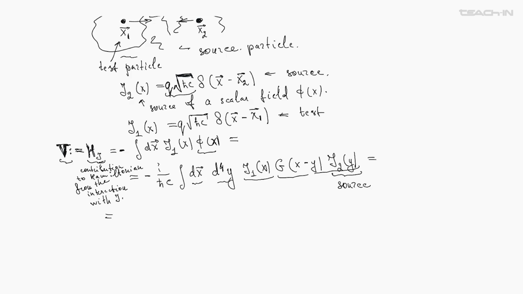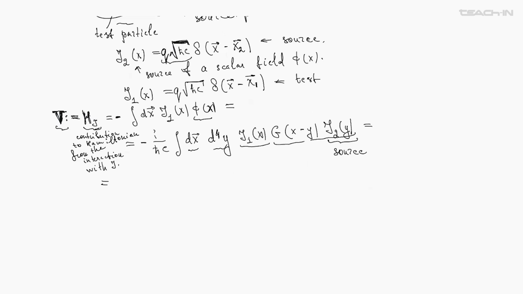And then upon substituting the point-like sources J1 and J2, you will have the following: minus i q squared integral dx dy, then there will be G of x minus y, the Green's function, delta function x minus x1, delta function y minus x2.